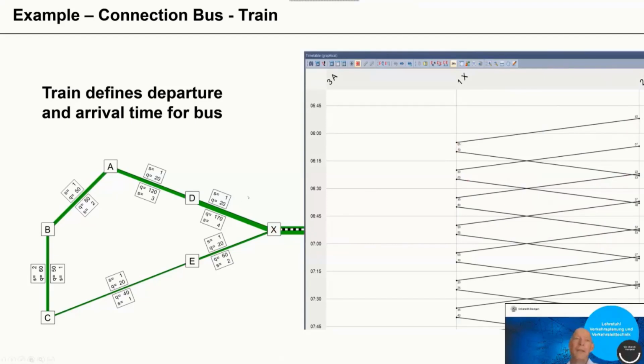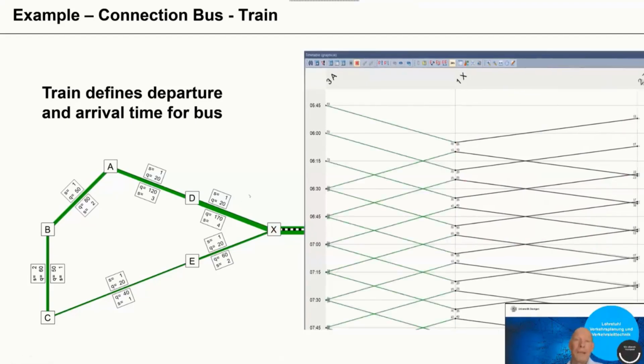So you as planner then think of potential departure times of your bus. There are several solutions, you can do it in a different way, but one possible solution is that you adapt to the train system and you arrive at the same minute, then people have 5 minutes of transfer time.